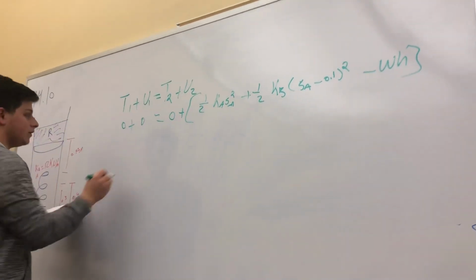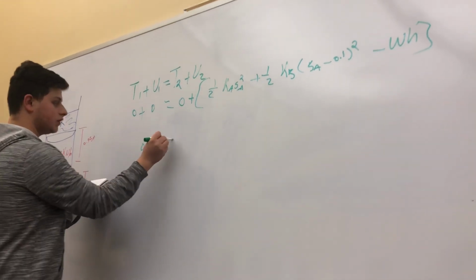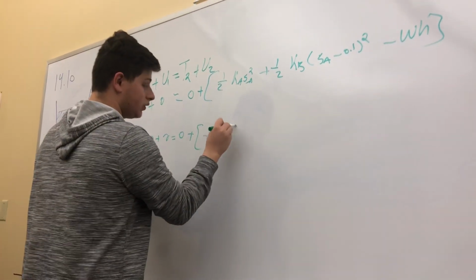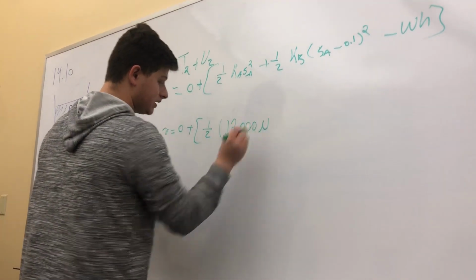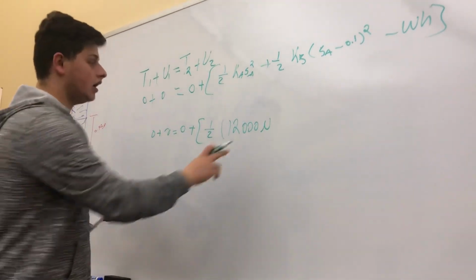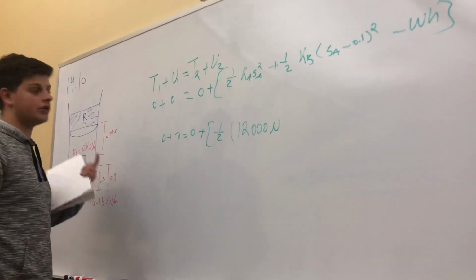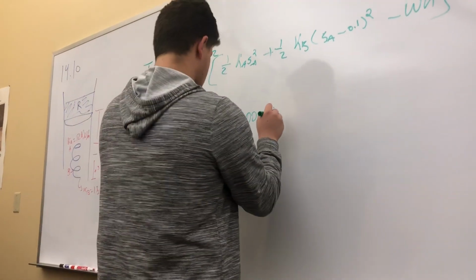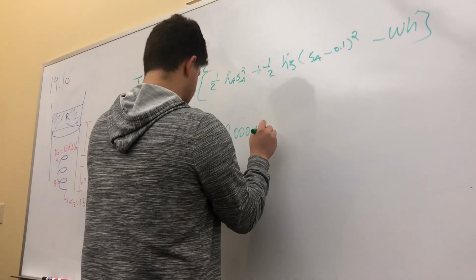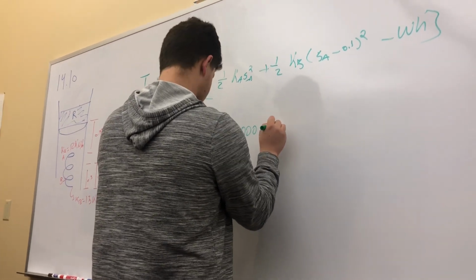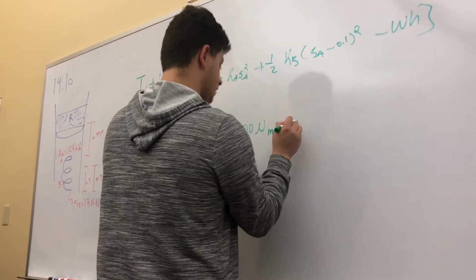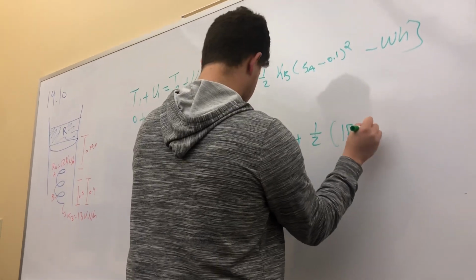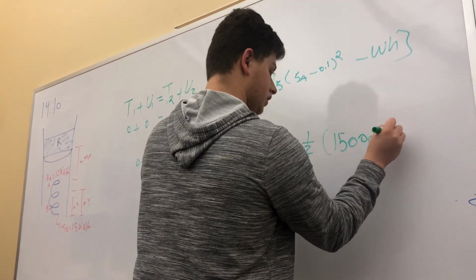So to solve this problem, we will get 0 plus 0 is equal to 0 plus 1 over 2 times 12,000 newtons per meter. 12,000 newtons, we converted it from kilonewtons to newtons, which you just multiply by 1,000, squared. And then you've got S_A plus 1 over 2 times 15,000 newtons per meter.